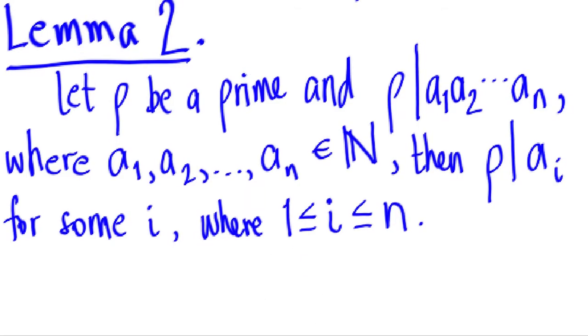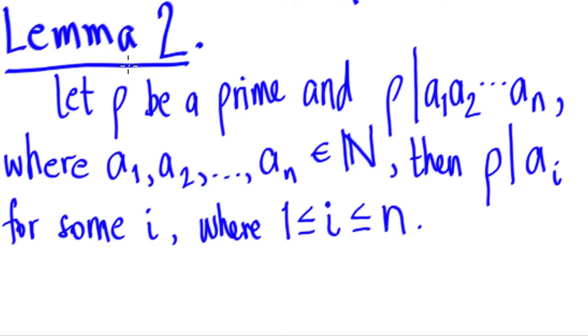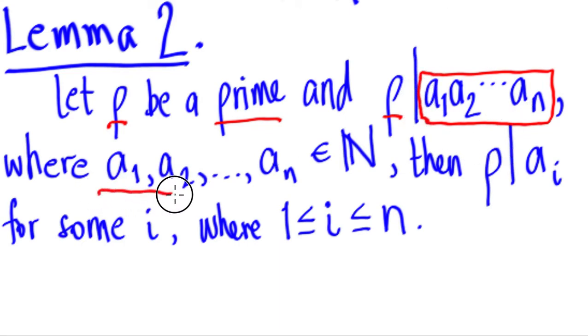Okay, lemma 2. A lemma is a statement which will prove useful in a future statement. So what does lemma 2 say? Let p be a prime number, and suppose p is a factor of the product a sub 1 times a sub 2 times up until a sub n, where all of these numbers are positive integers.